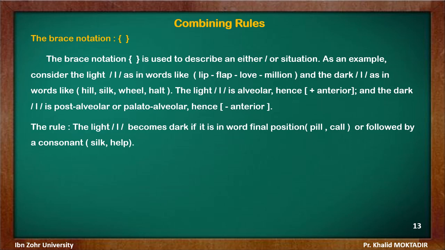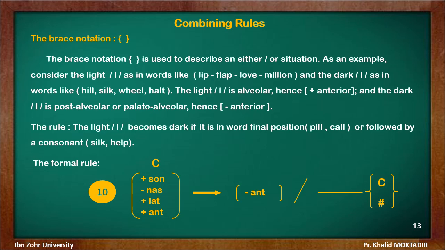Therefore, it's going to be represented as the feature minus anterior. And we're going to look at the rule. The rule says the light L becomes dark if it is in word final position, as in pill and call, or followed by a consonant, as in silk and help. So these, in fact, are two rules.